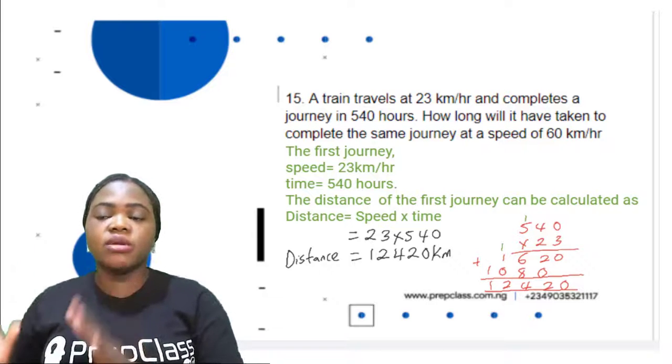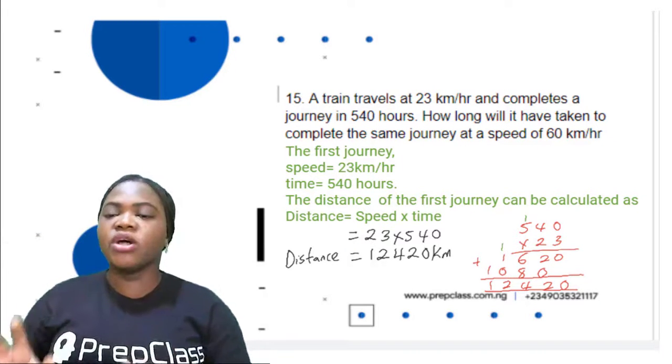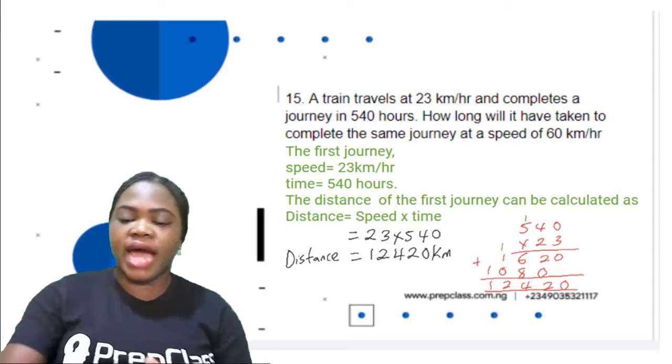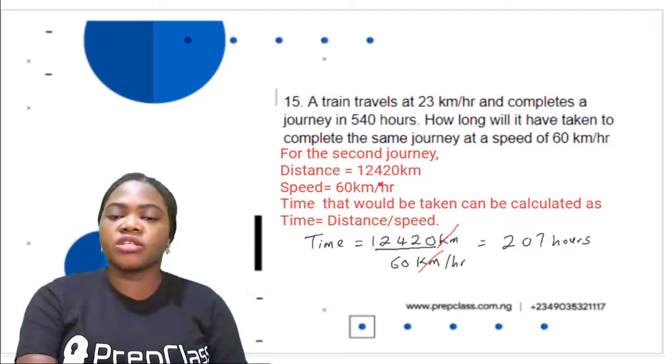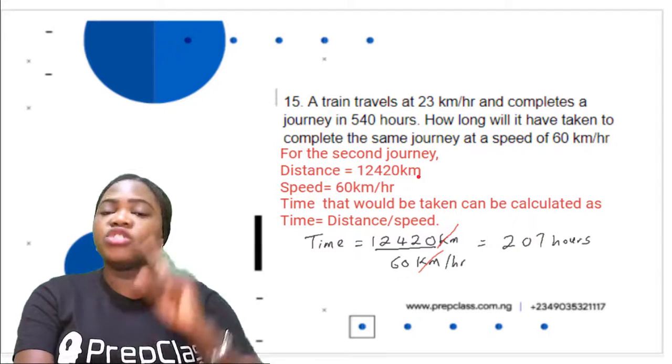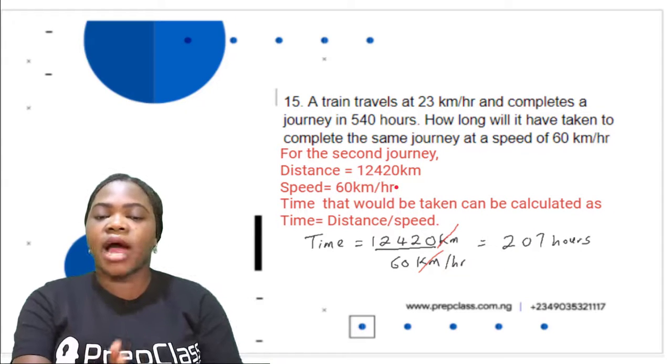Now the second part says, how long will it have taken to complete the same journey at a speed of 60 kilometers per hour? The distance is still the same, but the speed has changed. So we need to find the time. For the second journey, the distance is 12,420 kilometers, which is the same as the first journey. The speed is now 60 kilometers per hour.